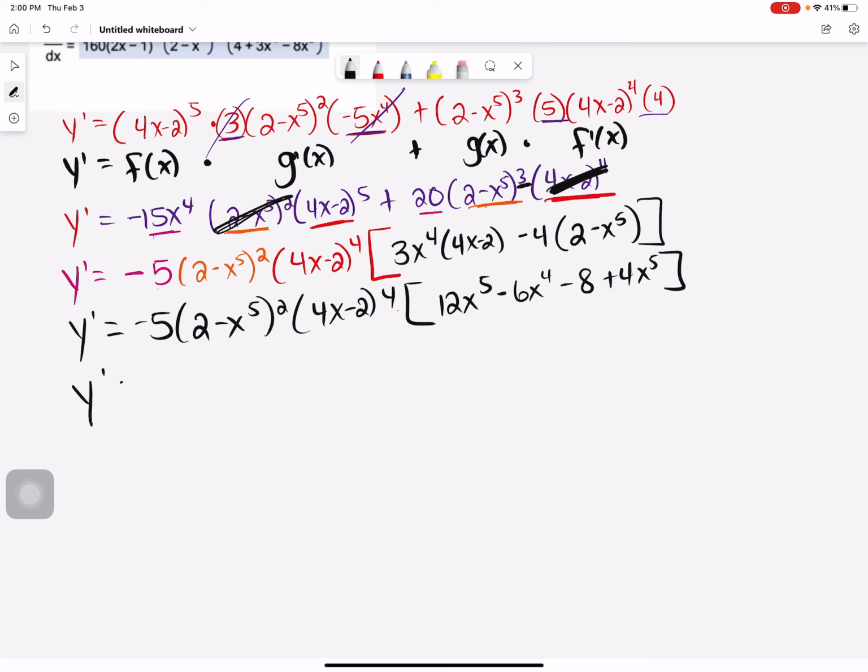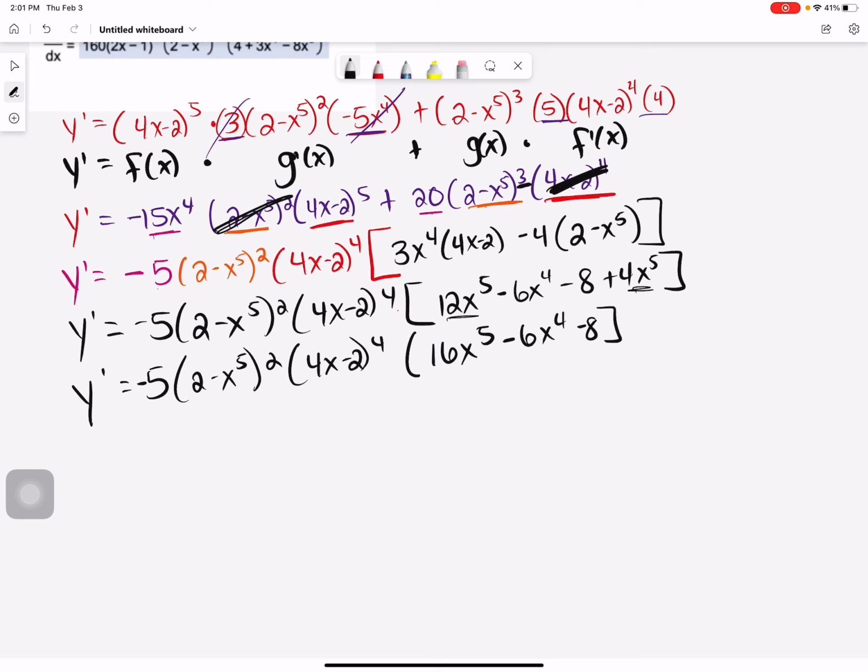All right, and from there, we're still going to drop down the greatest common factor. It's not disappearing because I don't have a denominator to reduce it with. But what I am going to do is simplify what's inside this bracket. So that's 12 and 4 gives me 16x to the 5th minus 6x to the 4th minus 8.